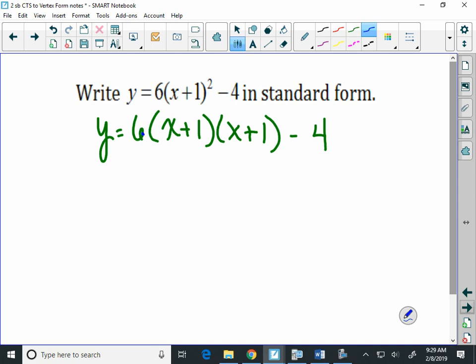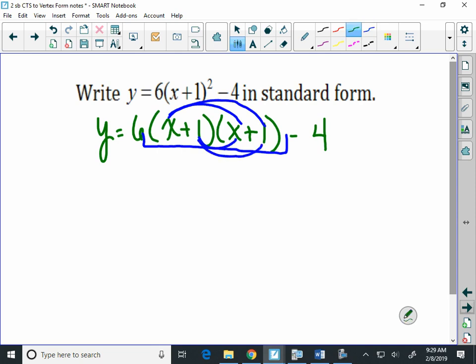When multiplying this, I recommend that you multiply these two together. Where those values came from is that squared means times itself. And we're going to use double distributive property, or we're going to FOIL, whichever works for you.